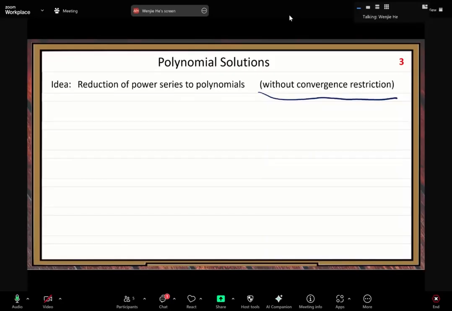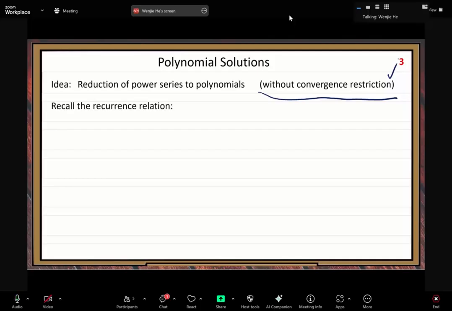Only when you have an infinite series do you have a convergence issue. When you have finitely many terms, you always get a valid number. So that's another important reason we like to have polynomial solutions if possible.